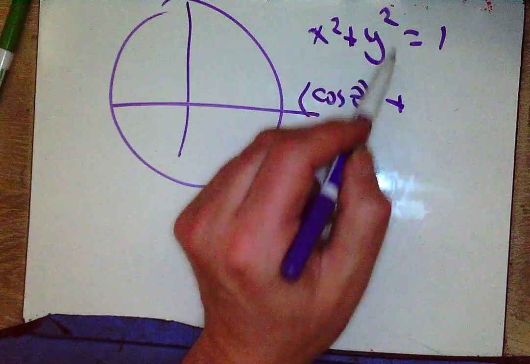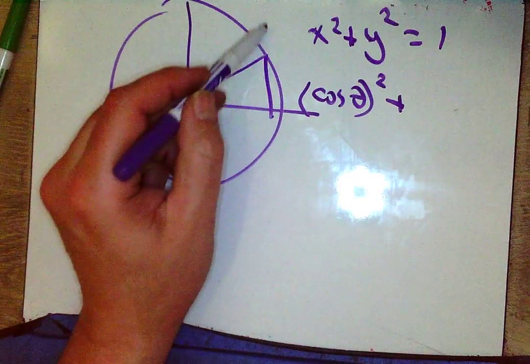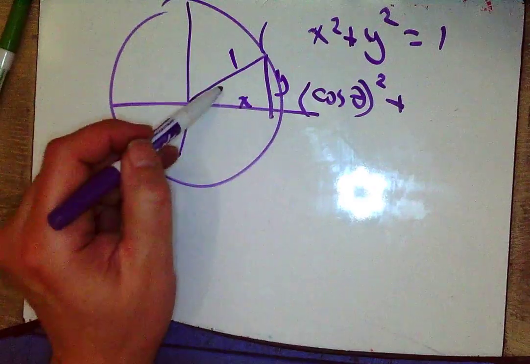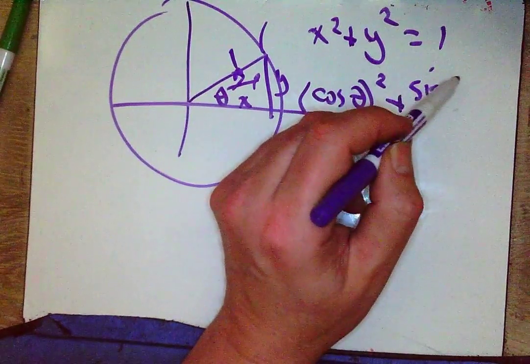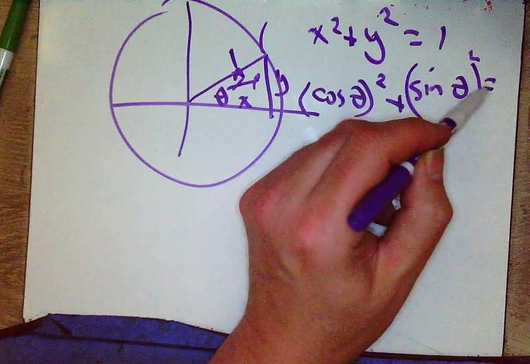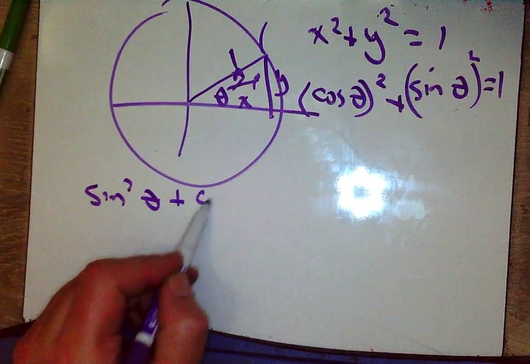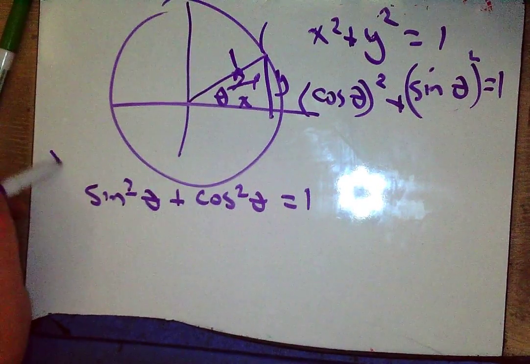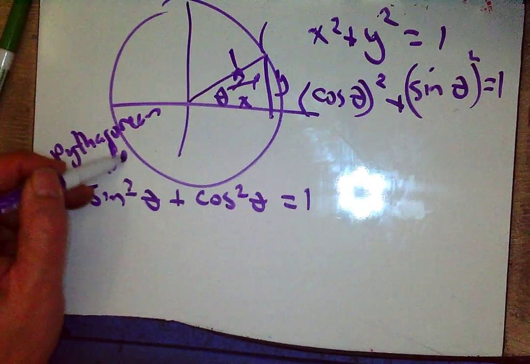And what's the y value on the unit circle? What trig ratio was that? We said that the y value is opposite over hypotenuse, which is sine. But our y value is being squared. And so we get this: sine squared theta plus cosine squared theta equals 1. This is called the Pythagorean identity.